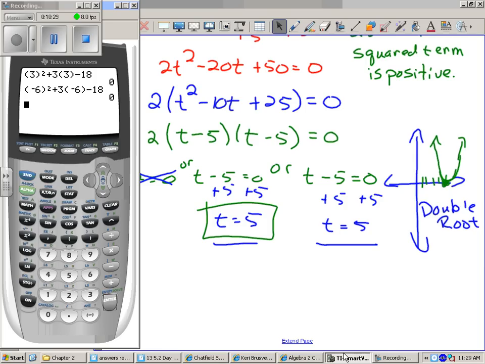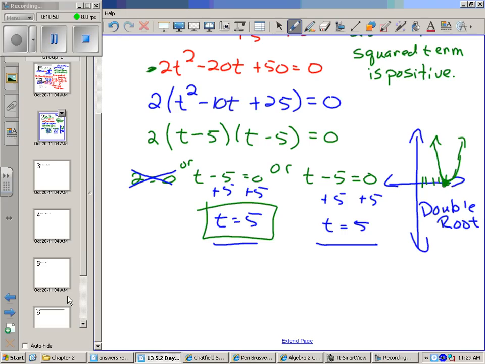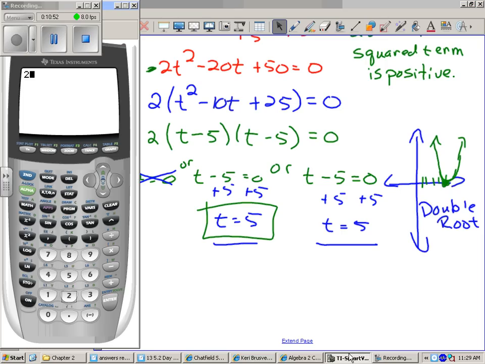Let's go ahead and check this. I'm not going to start with the original equation. I'm going to start up here in red where it says 2t squared minus 20t plus 50. That's what I'm going to check.